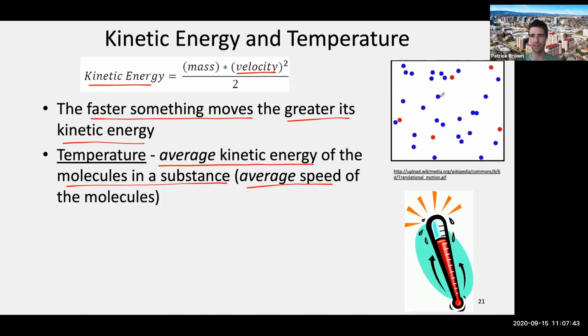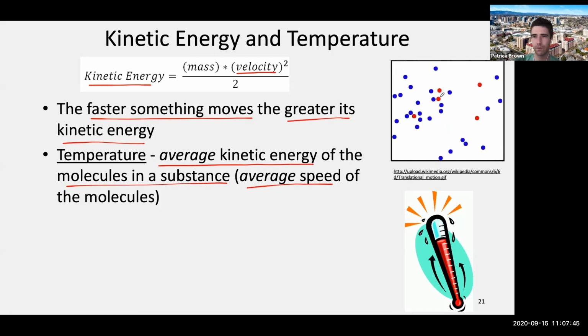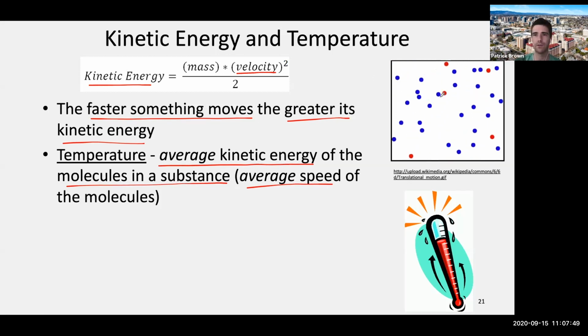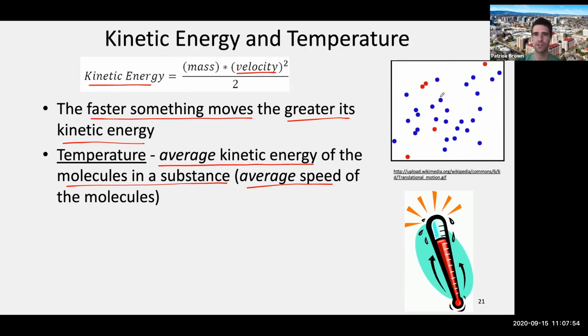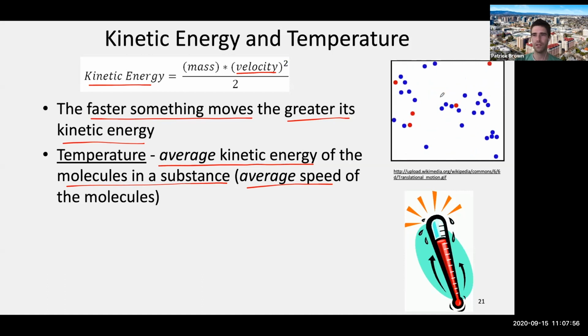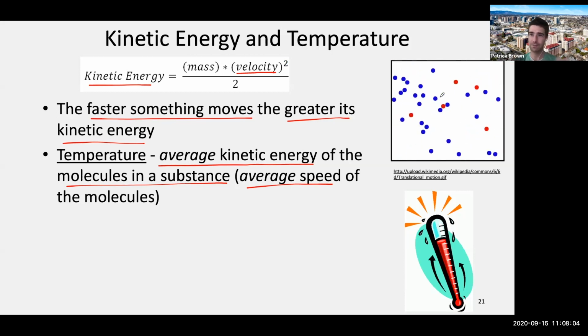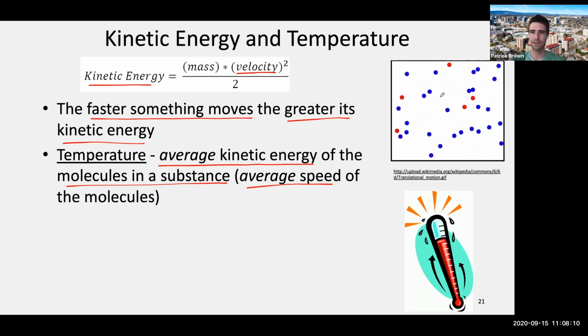That's what our senses tell us, but really what we're measuring is the speed of those molecules. So what's important is that temperature is a measure of energy. If you increase energy of the Earth, you're going to increase the speed of the molecules, increase the kinetic energy, and that increases temperature.